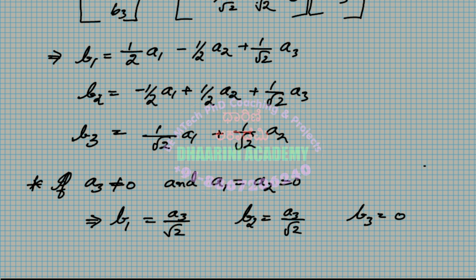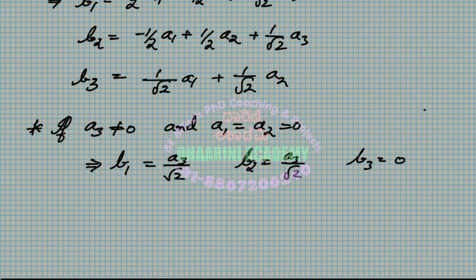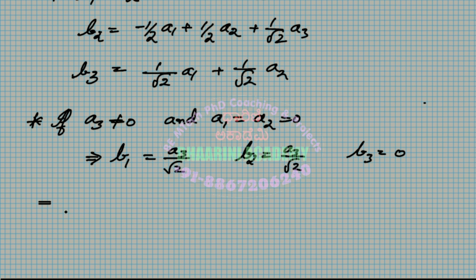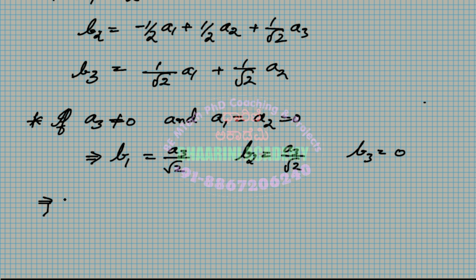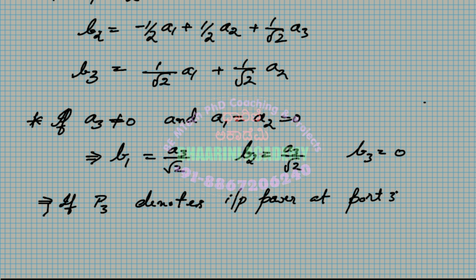Now what is the meaning of this? It says that P3 is the power that is input at a particular port. This power gets divided equally among the first and the second ports, right? So that's the meaning, and we need to write that. I'll write P3 denotes the input power at port number 3.